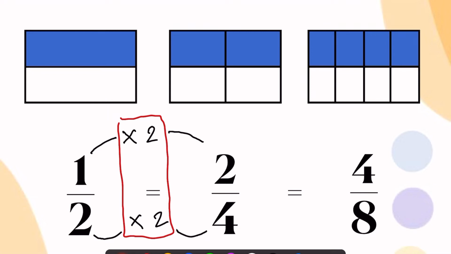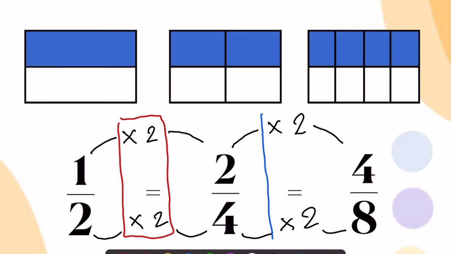So let's see again: how can I get 4 from 2? I multiply 2 by 2, right? So I get 4. And how do I get 8 from 4? Again, I need to multiply 4 by 2 to get 8. Now can you see? It is the same number.